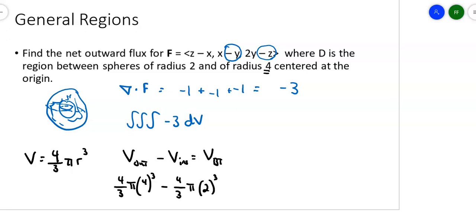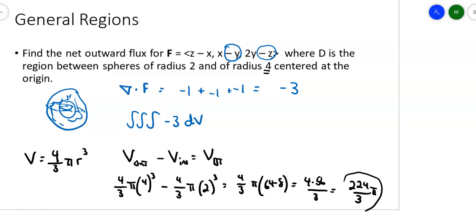In this case, you're taking the sphere on the inside out, and you're leaving the region on the outside. So this will give us 4/3 pi times 4 to the third is 64, 2 to the third is 8. That gives me 4 times 56 over 3, which is 224 over 3 times pi.